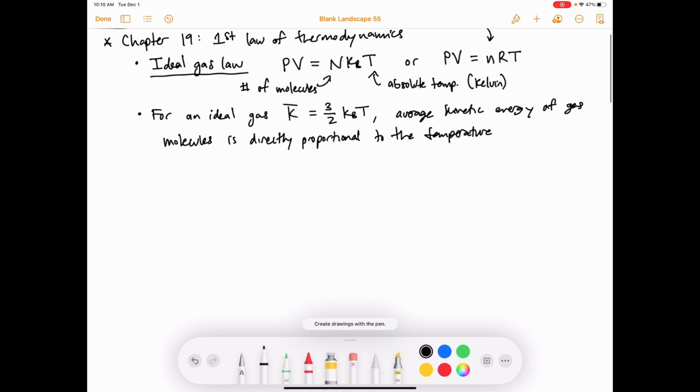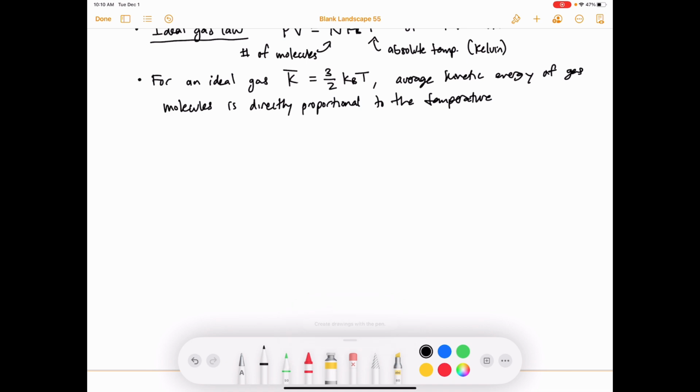But we'll also remember that kinetic energy is just 1/2 times the mass of a molecule times v squared. But if we're talking about an average, we'll put a little bar on top of the v squared. That's equal to 3/2 Kb times T. And so if we solve for the speed of the molecules, this will be what we call the RMS speed.